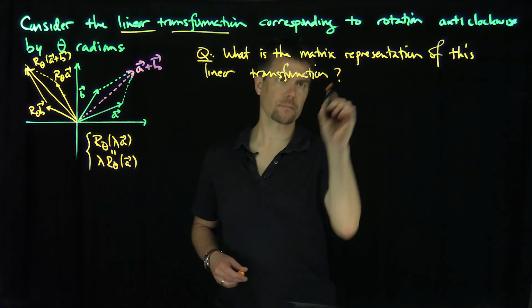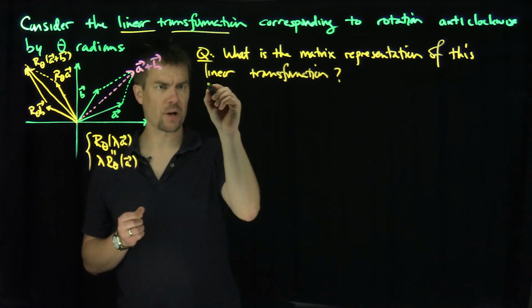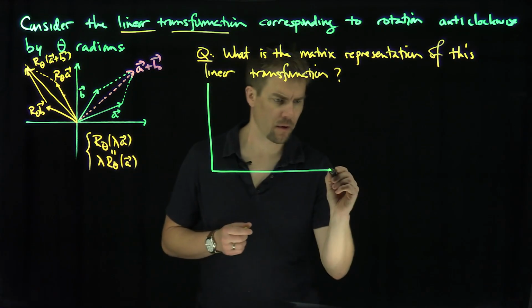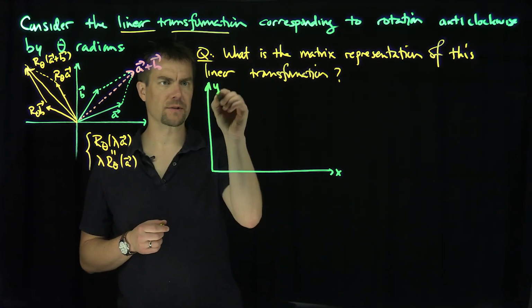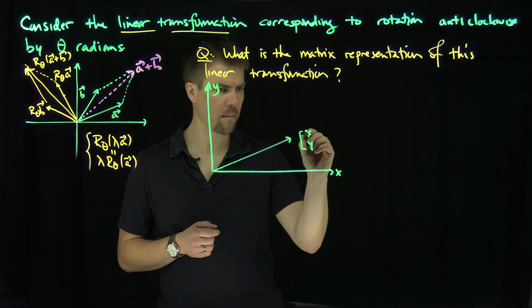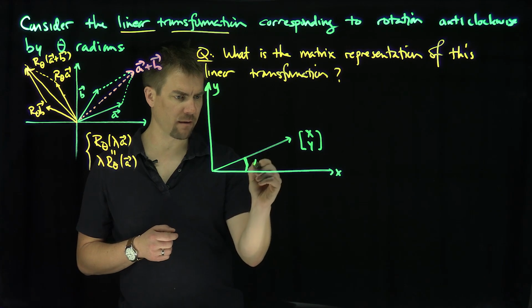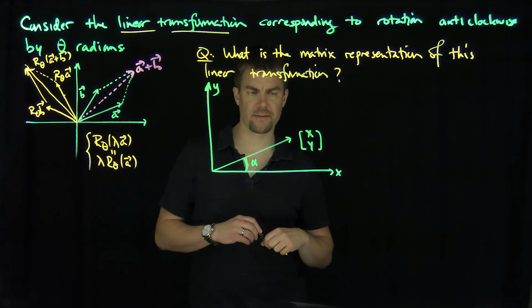Okay. So let's draw a configuration which will help us. Here's the x-axis, here's the y-axis. Here's a vector over here, (x, y), that has a bearing of angle alpha with respect to the positive x-axis.